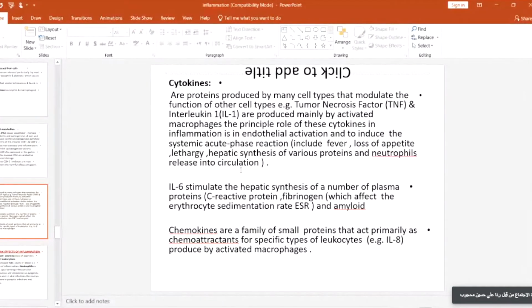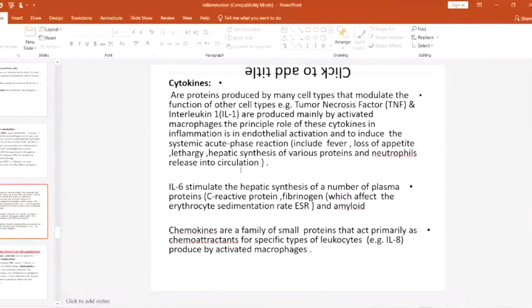These are because of the release of tumor necrotic factor or interleukin 1. That's why during acute inflammation, for example tonsillitis, pharyngitis or laryngitis, we feel pain, tiredness, and loss of appetite. All these we call acute phase reaction because of tumor necrotic factor and interleukin 1.